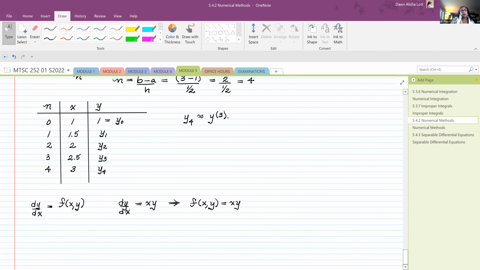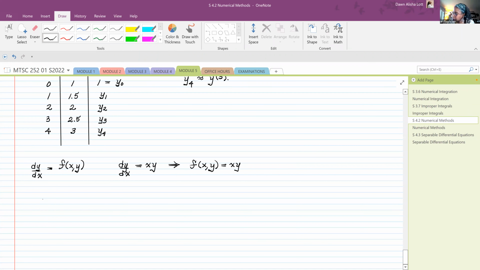If you remember our formula, y at n is y at n minus 1 plus h times f of x, y. Actually, let me replace that: that is f at x n minus 1, y n minus 1.